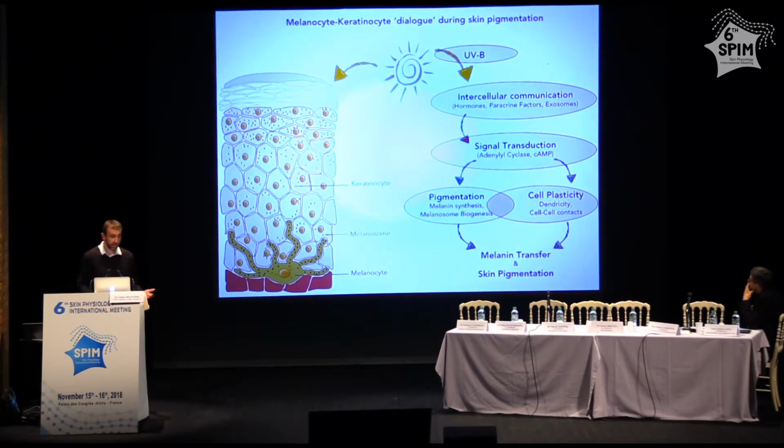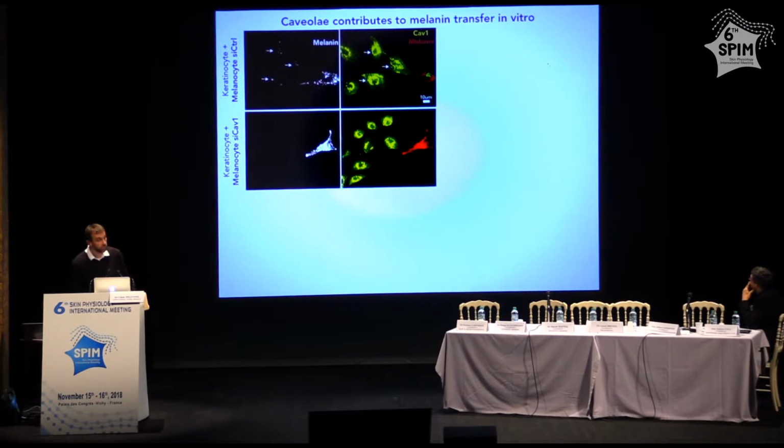So together, we know that caveolae are polarized at the melanocyte in front of the keratinocyte, and that they can control signaling pathways, pigmentation, plasticity, and cell contact. So the obvious readout after that is to test the melanin transfer in our condition. The first thing we did is to use our co-culture setup.